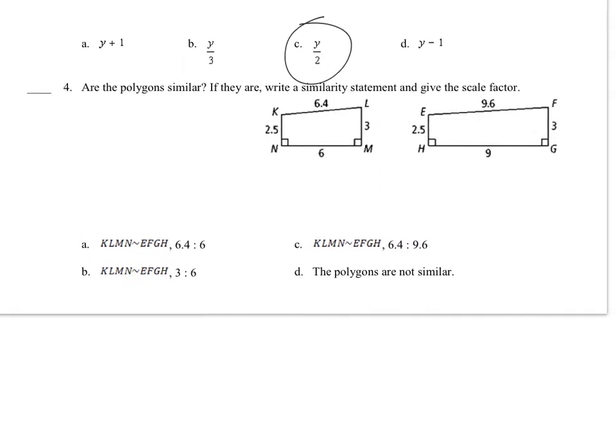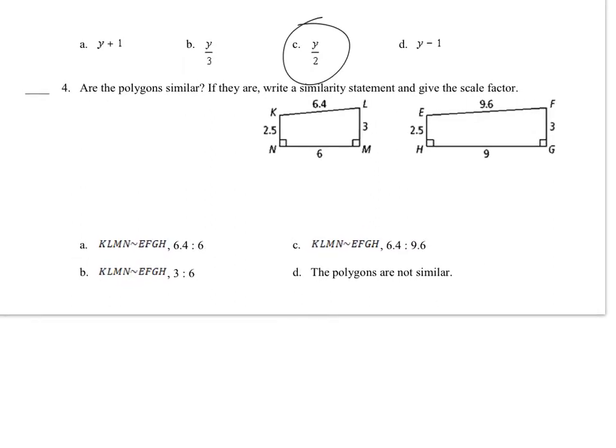Next one. Are the polygons similar? If so, write a similarity statement. It's very important to know that when you are doing a similarity statement, to make sure the sides are similar, all sides, every single side has to be proportional. That means the scale factor, there's only one scale factor and they all have to be the same. So when looking at this to figure out my scale factor, I'm going to take my small and compare it to my small.